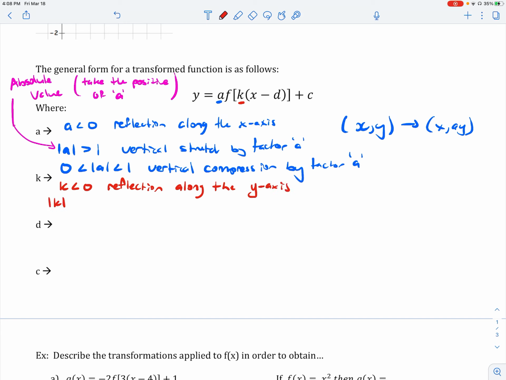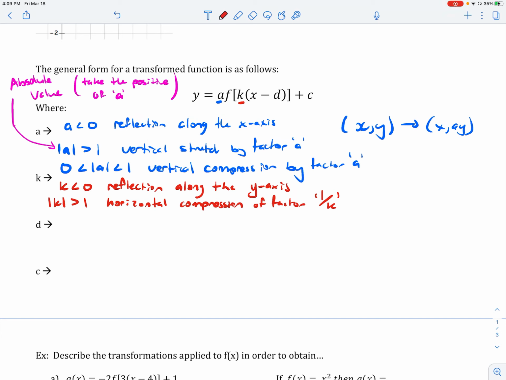And if the absolute value of K is bigger than 1, so if you drop the negative sign and you get something bigger than 1, then you're going to have a horizontal compression, because the factor is always going to be 1 over K. So if K is big, like 3 or 4, you're going to have 3 or 4 down there. So 1 divided by 3 or 4 gives you a small number. Whenever the factor is small, you want to use the word compression.